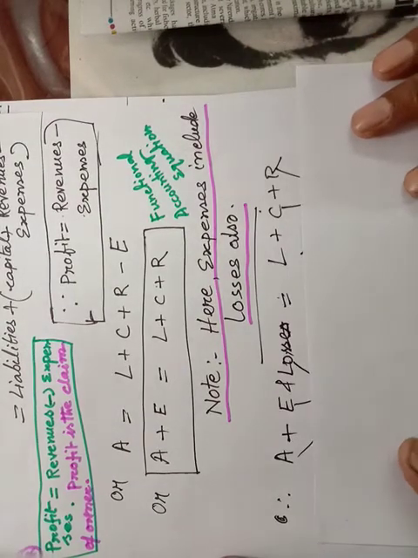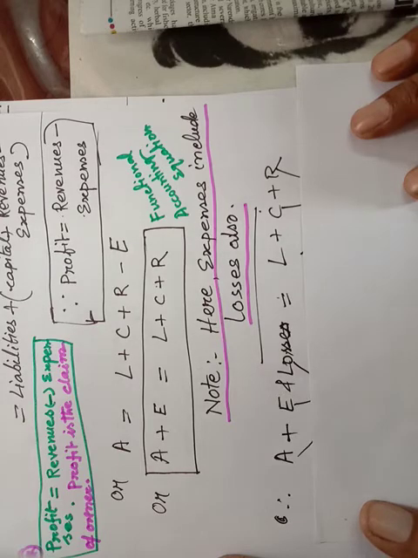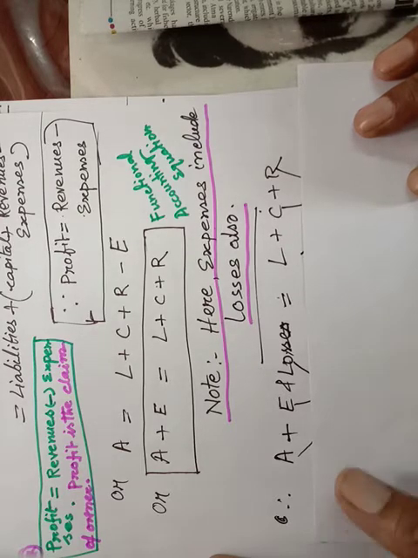Now you see, why are there two sets of rules? Assets plus expenses and losses is equal to liabilities plus capital plus revenues.